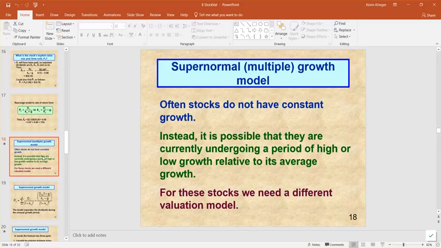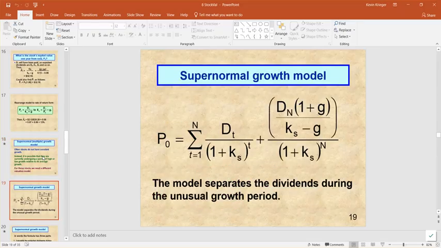A lot of times in the real world, you'll have stocks that start paying dividends and they accelerate. The growth of these dividends is very fast at first when they begin paying, and only later do they settle into a more stable type of growth. Now, mathematically, you can think of it as this, but sometimes that equation sort of scares people. It's just too much to think of it this way.